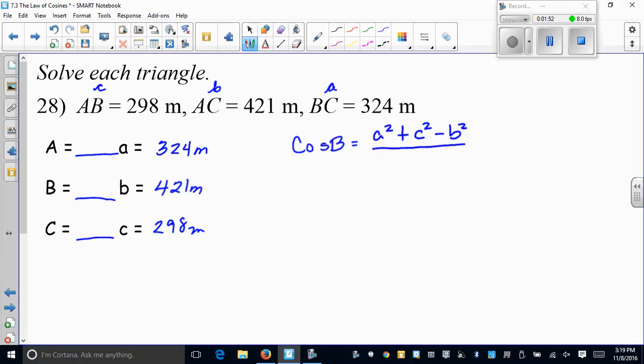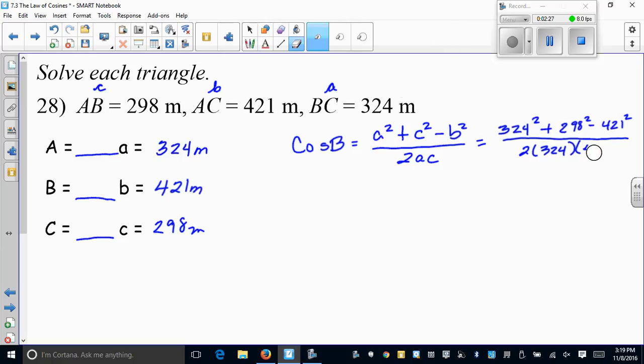And if I throw that into the calculator, well, not quite yet. Let's put our values in first. So this is 324 squared plus 298 squared minus 421 squared, all over 2 times 324 times 421 times 298.